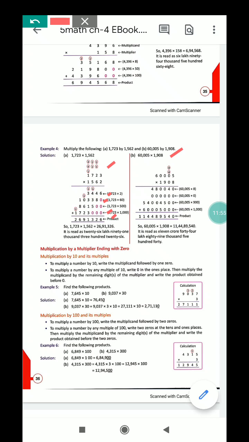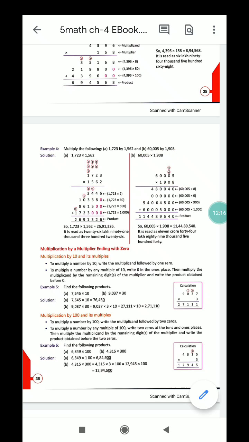So we have written multiplicand here and multiplier this. Similarly, we will do the multiplication. First of all, we will multiply by 8, then 0, then 9, then 1, and add these numbers 1 2 3 4, then we will get the product.